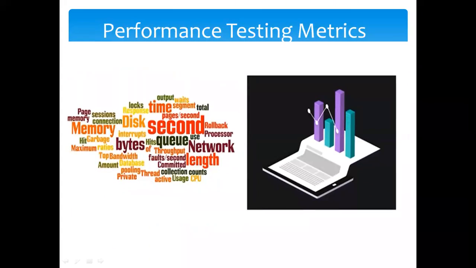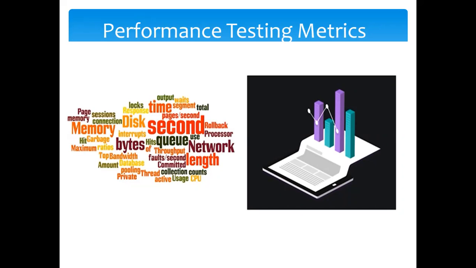So next, metrics. Performance testing metrics: how do we calculate the metrics? We calculate the metrics based on usage: processor usage, like the amount of time the processor spends executing non-idle threads, memory usage, disk time, and bandwidth, at what bandwidth the application is working.